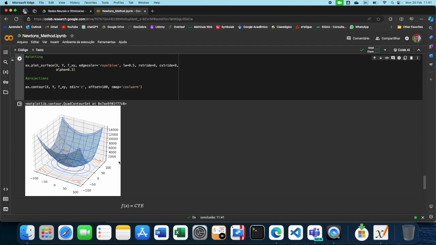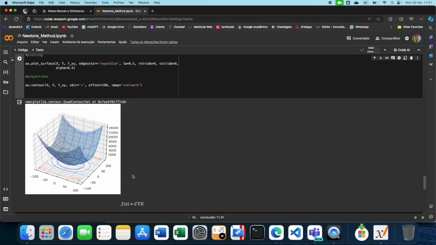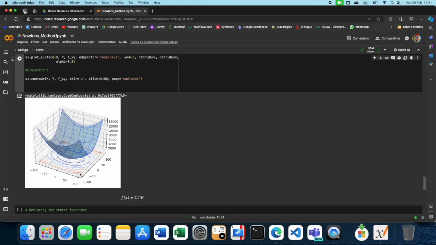This is a convex function. We are sure that this point right here in the middle is the minimum point of the function. And I wanted you to see these curves right here, which we can study well in order to see what the method is doing.